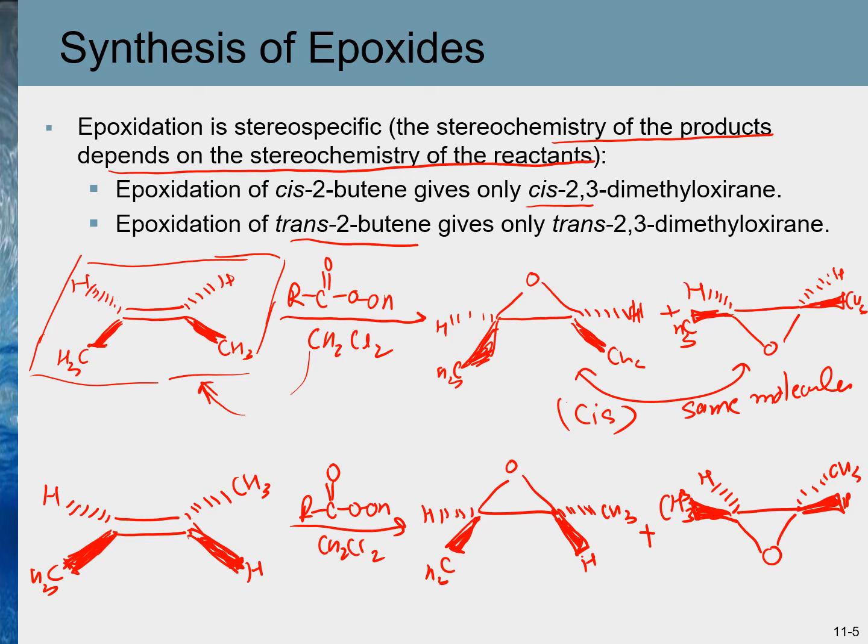So the product in this case is trans 2,3-dimethyl oxidane, and these are pair of enantiomers.